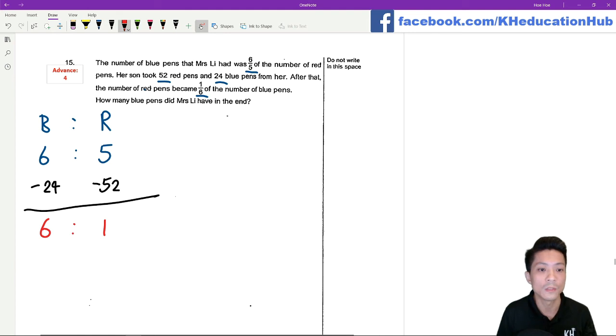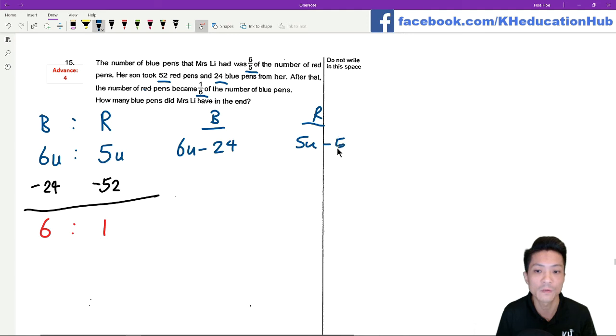In this case, you need to understand that if you let the number of blue pens and red pens at the beginning be 6 units and 5 units, for the blue, it is 6 units minus 24, and for the red, 5 units minus 52.